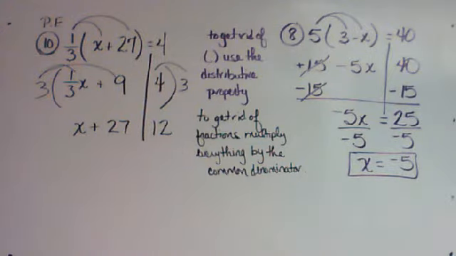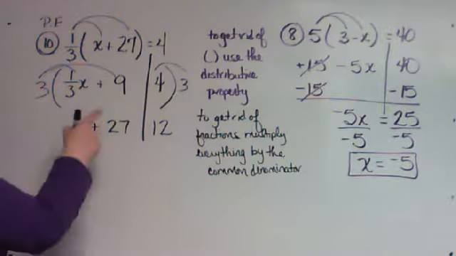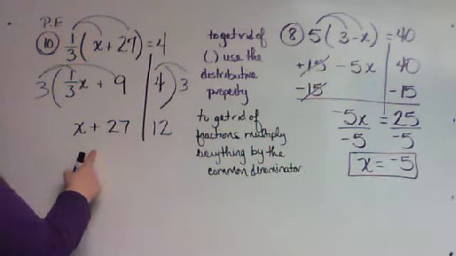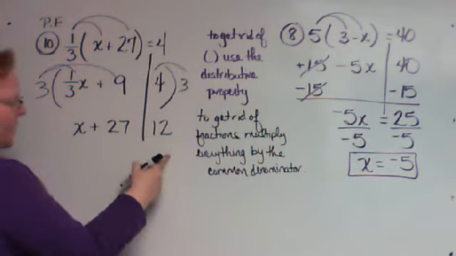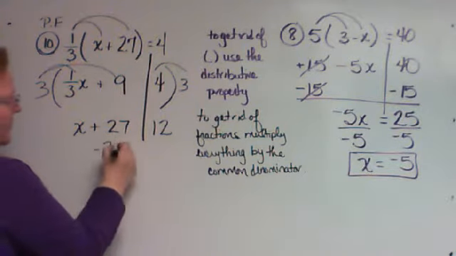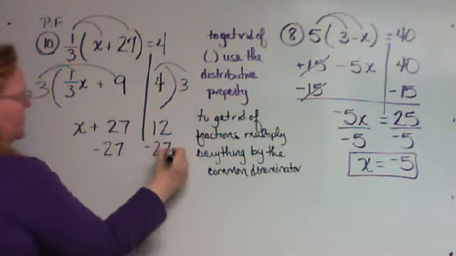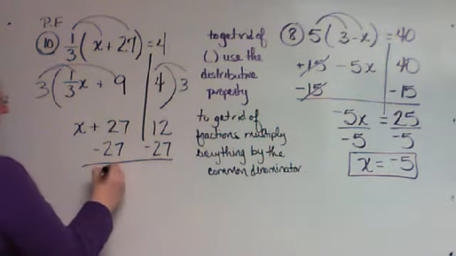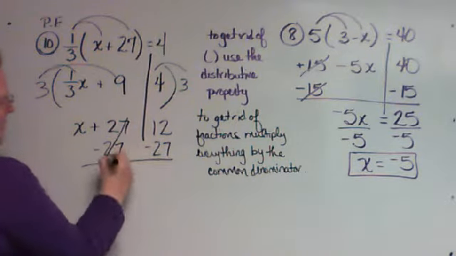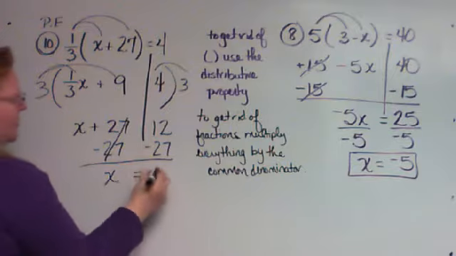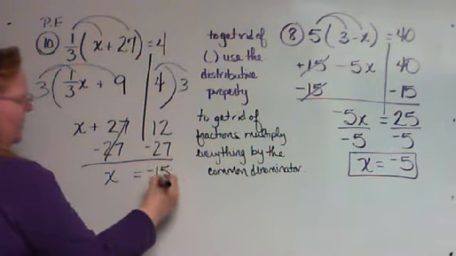Now I don't have any fractions. Do it just like we did before. I have all my letters over here. I need to get all my numbers over there. So I subtract 27 from both sides. And that gives me x equal to -15.